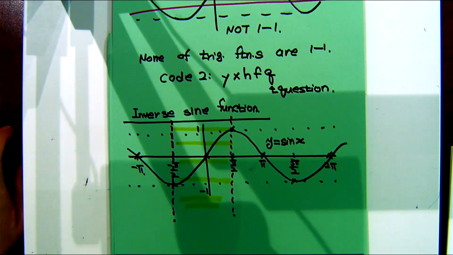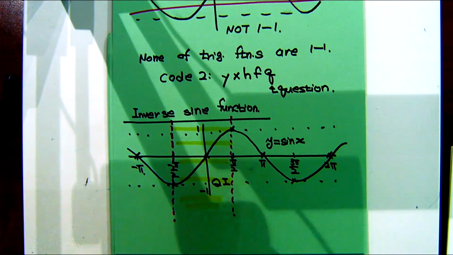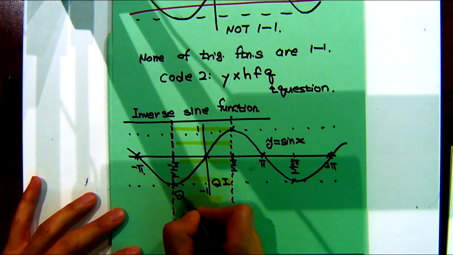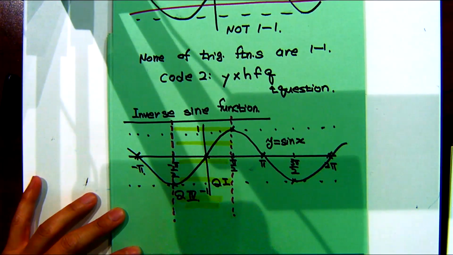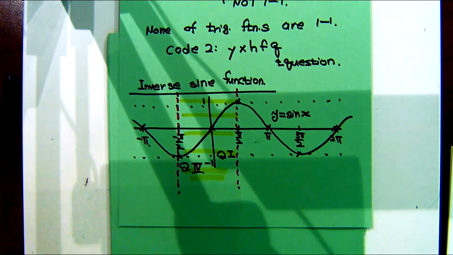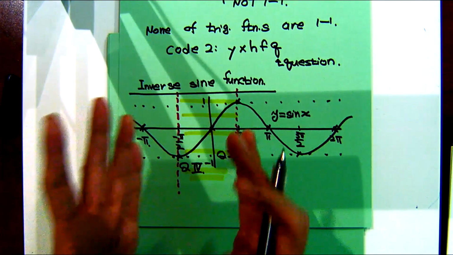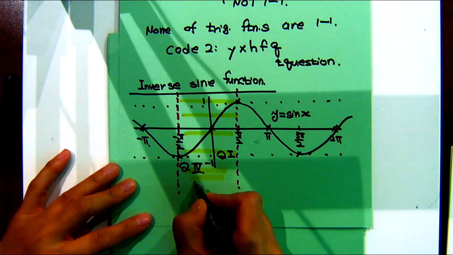By looking at the angle value, between 0 and pi over 2 is quadrant 1. Angle value between negative pi over 2 to 0 is quadrant 4. In quadrant 1 and quadrant 4, the sine function is one-to-one.